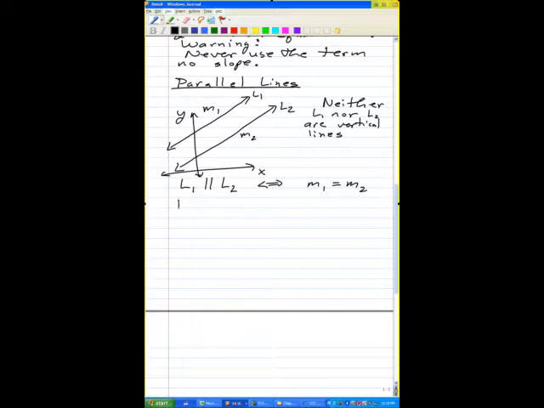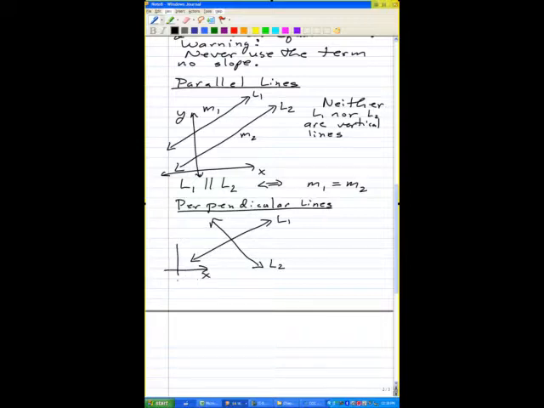Next, perpendicular lines. So suppose I have two lines, L1, L2. And again, suppose that this is relative to some coordinate system, and again, suppose that neither L1 nor L2 are vertical lines.